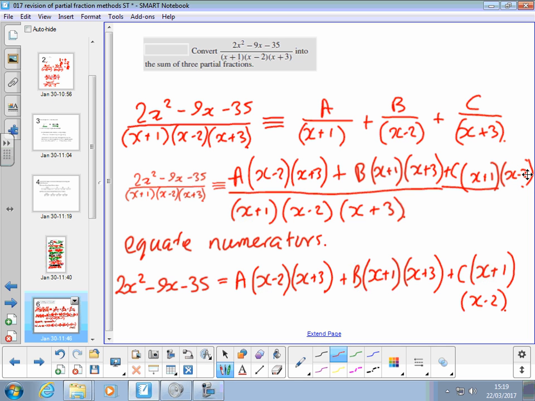Is there something we can do that will eliminate two of those variables? What could we do so that we can eliminate B and C and effectively find A?